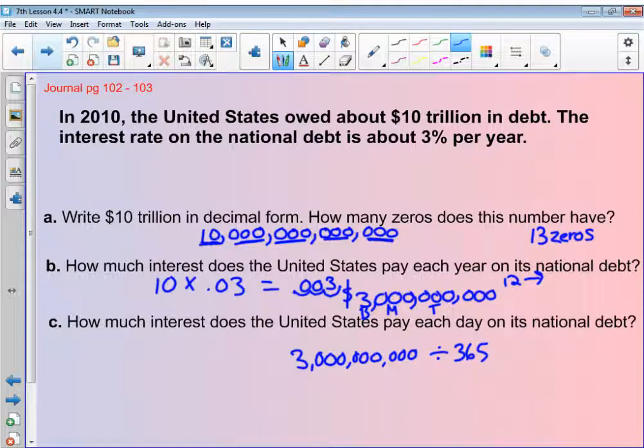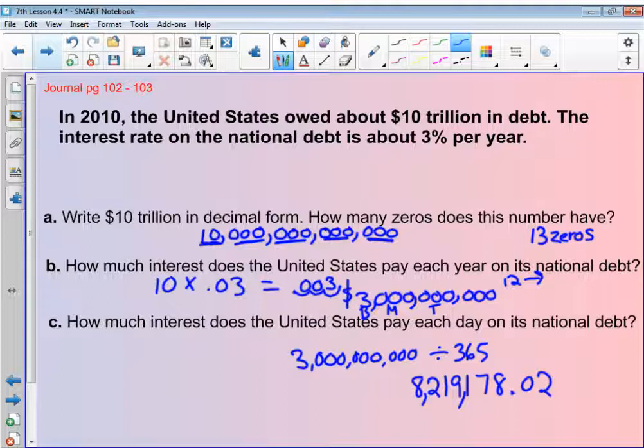Divided by 365, I get 8219178. I'm going to jot that down. 8219178 decimal 02. Now if I put my commas in, I can read it. I'm not good at reading without the commas. So every single day, the interest that we're paying as the United States is approximately $8,219,178 in national debt. That's a huge, huge amount.